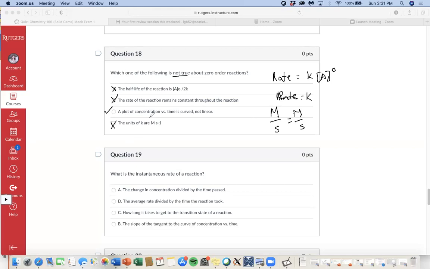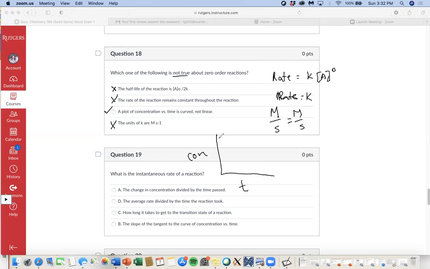And a plot of concentration versus time is curved, not linear? That's not true, because just like I talked about earlier, the rate of reaction does not depend on the concentration. No matter how your concentration changes, it's just about how much time has passed.